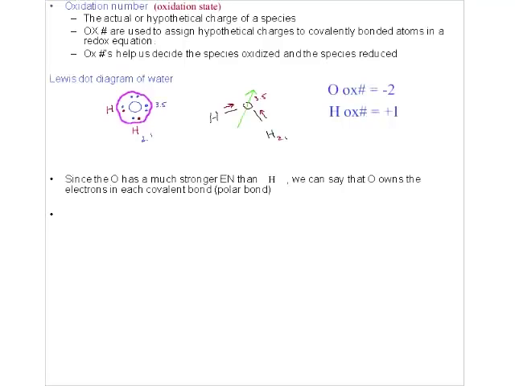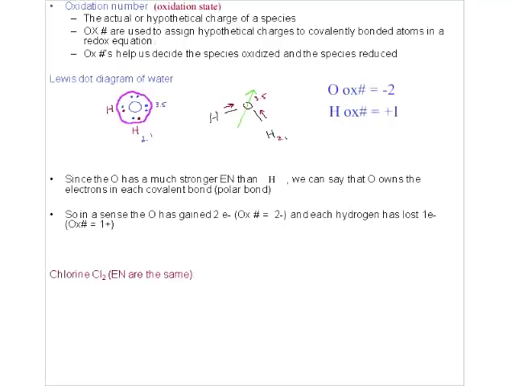All right, it's attracting them more often. We would refer to it as a bond dipole, and therefore we would state that oxygen would be in a 2- state.